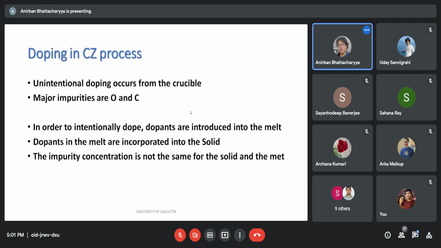Okay, this is pretty obvious. If you add phosphorus to the melt, then phosphorus will get incorporated. So, what is a p-type and an n-type dopant for silicon? Do you know? What is a p-type dopant? Which group?